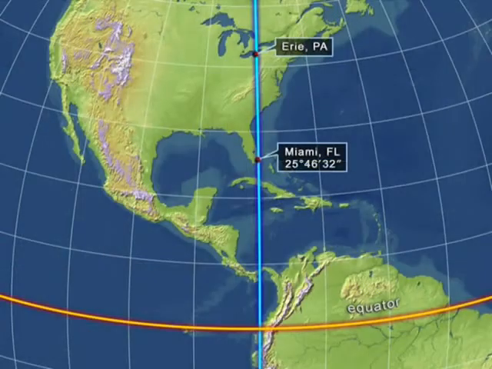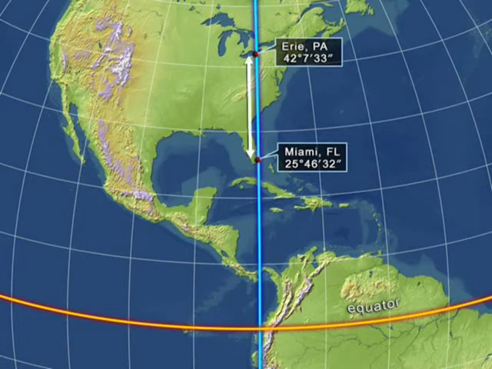That's not quite accurate, but let's assume it is for this example. And it turns out the latitude of Miami is 25 degrees, 46 minutes, 32 seconds north, north meaning above the equator. And Erie is 42 degrees, 7 minutes, 33 seconds. And that's the normal way they describe longitudes and latitudes with this funny measurement.